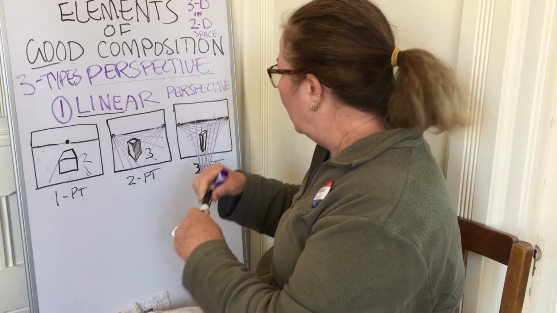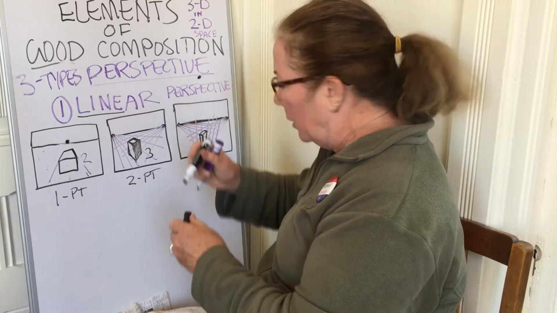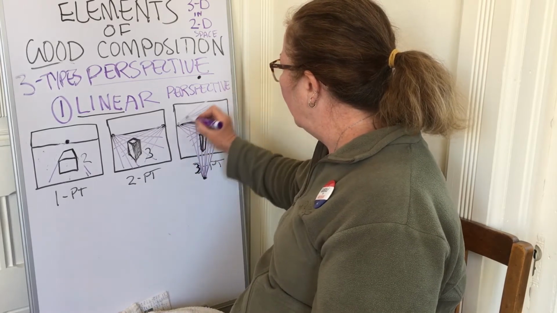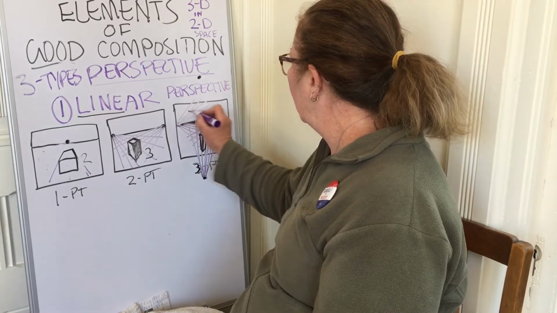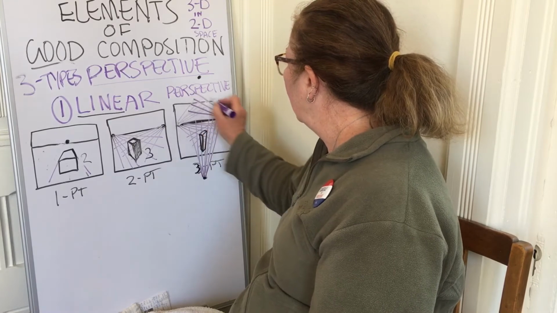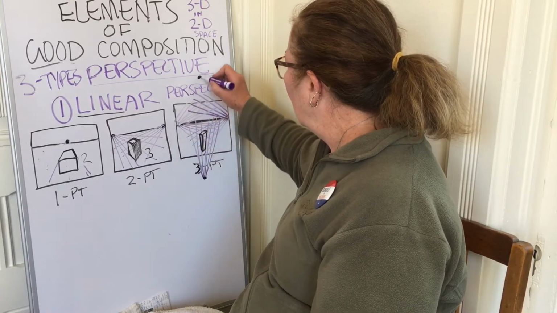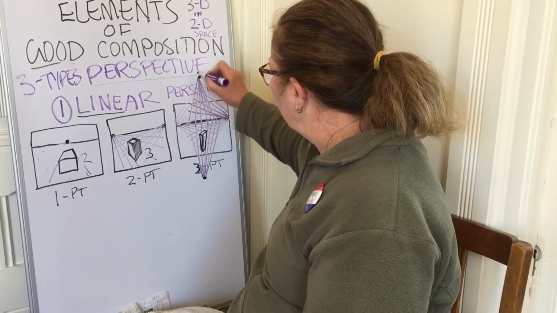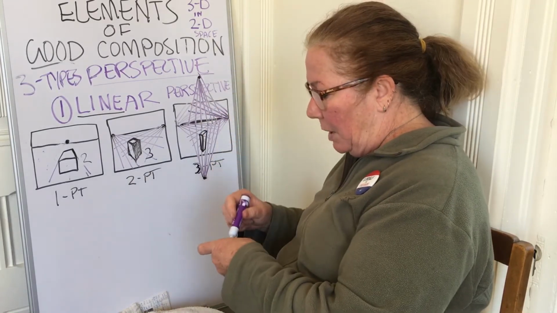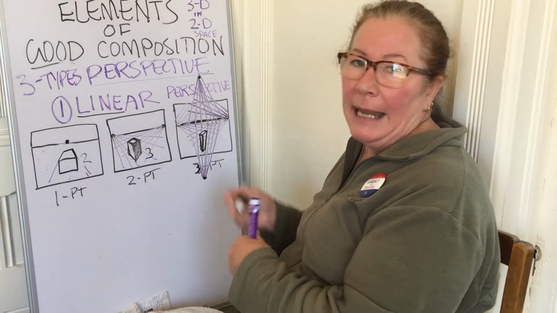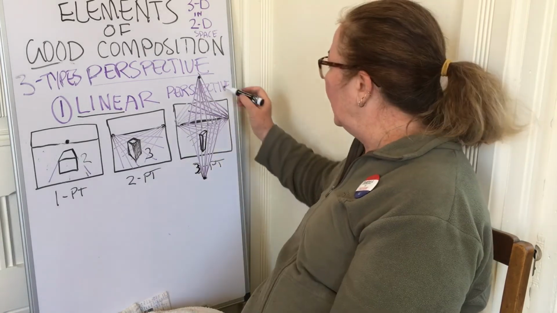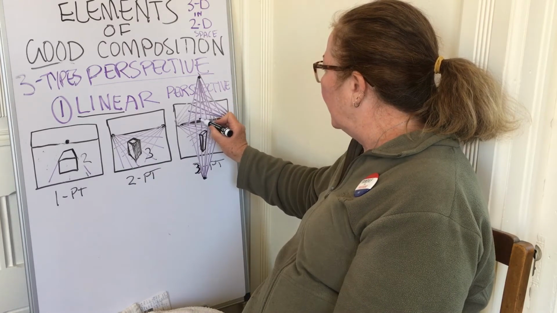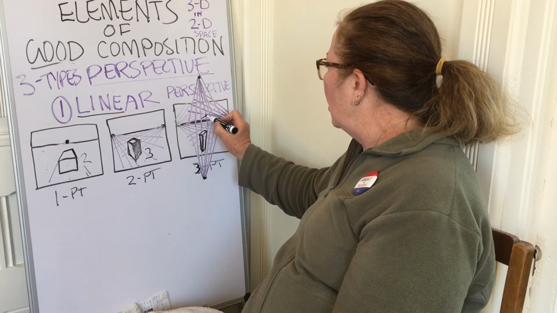So if the 3rd point was up here, we would have the radiating lines coming this way. And then the 3rd point would come like that. Now this is what you would get if you were doing what we call a worm's eye view. If you were laying on the ground looking up at a building, you would notice that the bottom of the building would seem larger than the top of the building.